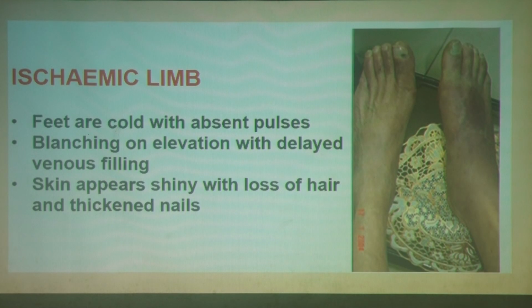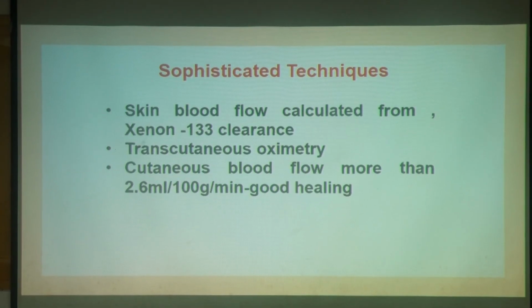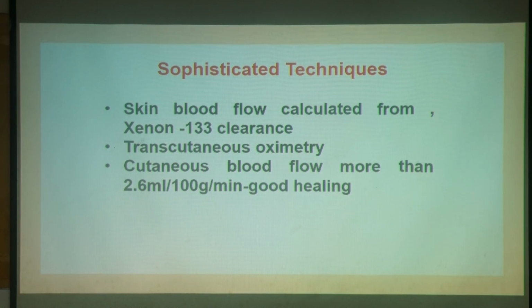The ischemic limb is cold with absent pulses, blanching on elevation, and delayed venous filling. The skin appears shiny. These are more reliable parameters of the prevailing vascularity. Sophisticated techniques include skin blood flow calculation from xenon-133 clearance, transcutaneous oximetry, and cutaneous blood flow.